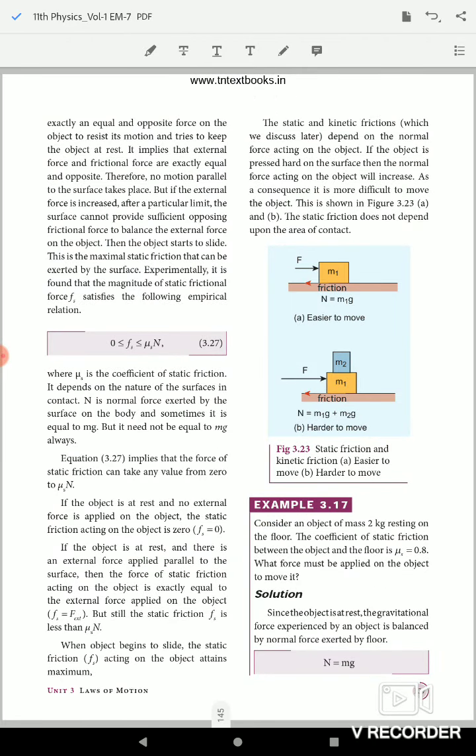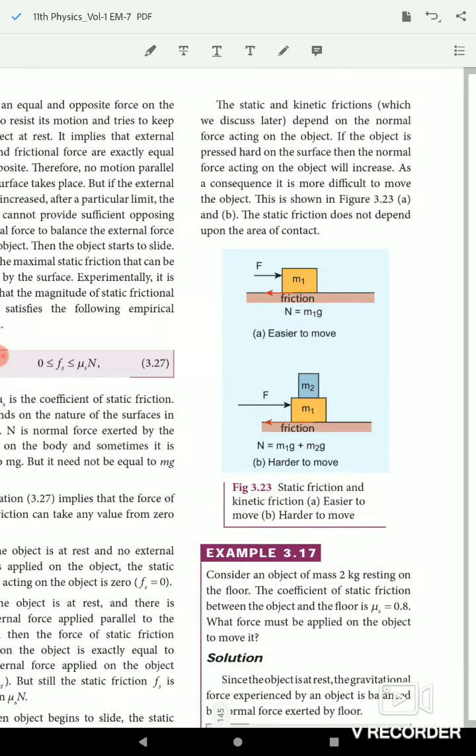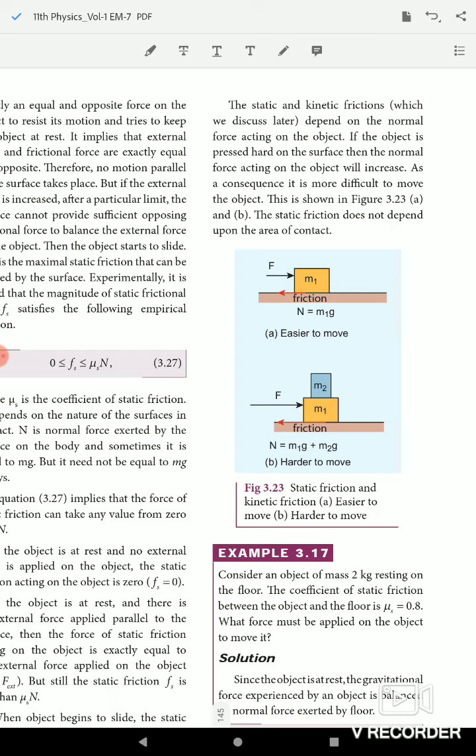After this maximum value, the object slides.